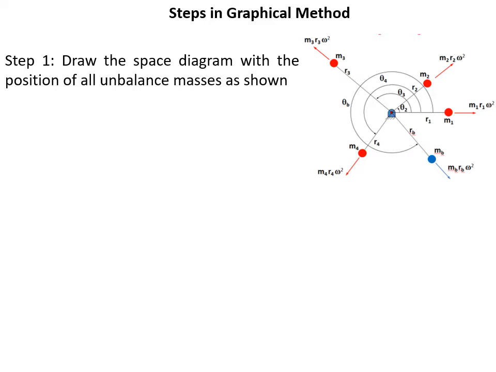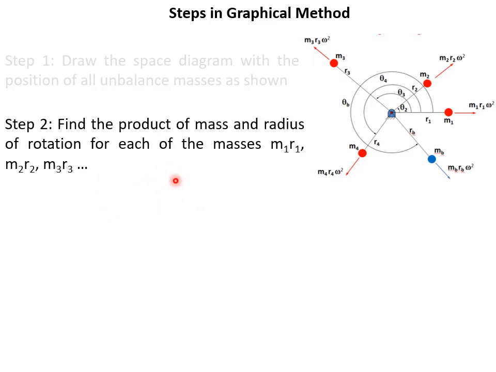So what are the steps? Let's try to recollect all the steps in the graphical method. In the graphical method, we are supposed to make the space diagram, and to make this space diagram we require two things: mr for each mass and theta for each mass. So the first step would be to find the product of the masses and the radius, individually m1 r1, m2 r2, m3 r3.